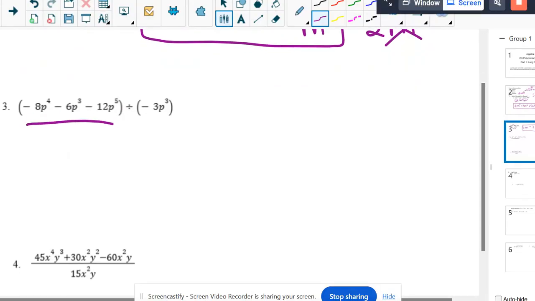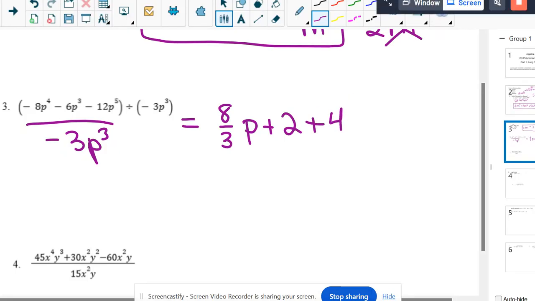Okay, this one is also dividing by -3p to the 3rd. All of these terms are negative, and then you're dividing by a negative, so your answer is all going to be positive. So 8p over 3, or 8/3 p, and then plus 2, because the p's cancel, and then plus 4p to the second, because p to the fifth divided by p to the third is p to the second.